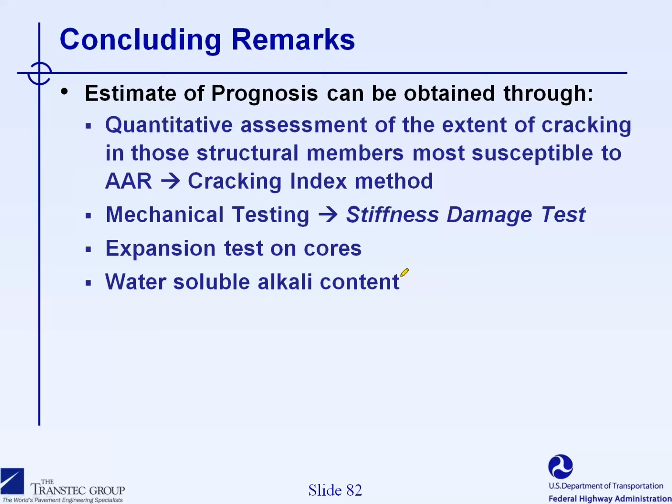And then if there's a need to obtain more information about the progress of ASR with time, which is prognosis, there are a number of tools that were presented also: the determination of the cracking index through in situ monitoring, the determination of the stiffness damage, the use of the stiffness damage test to see the deterioration of the mechanical properties of the concrete, expansion tests on cores, and the determination of the water-soluble alkali content.